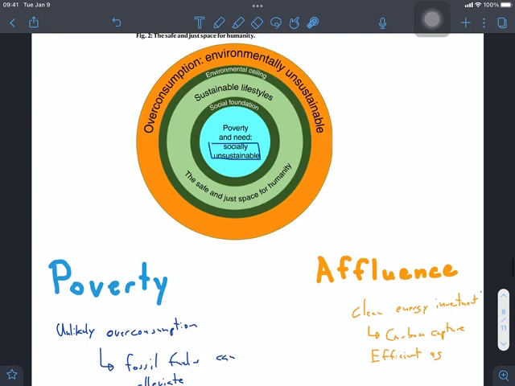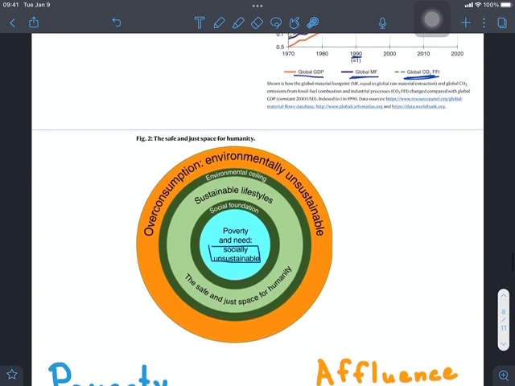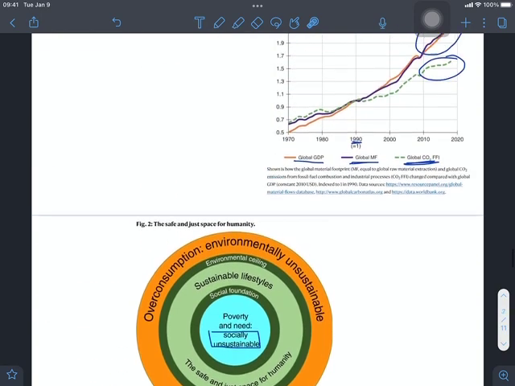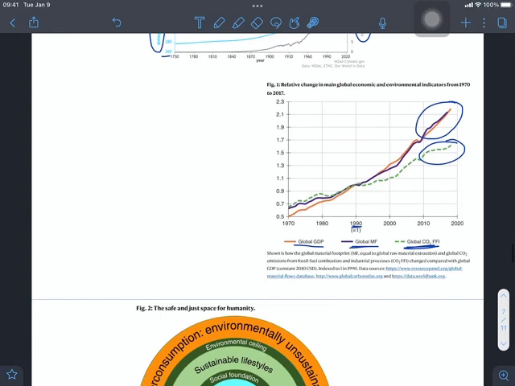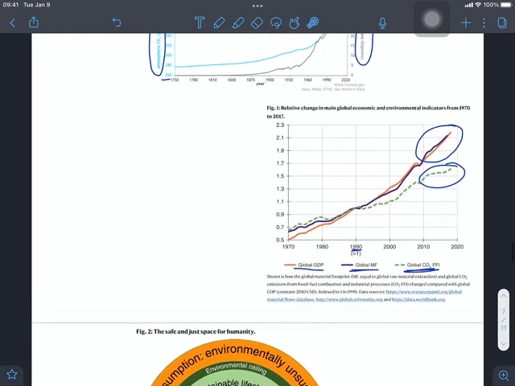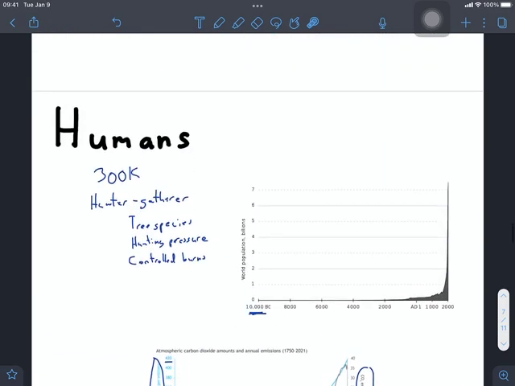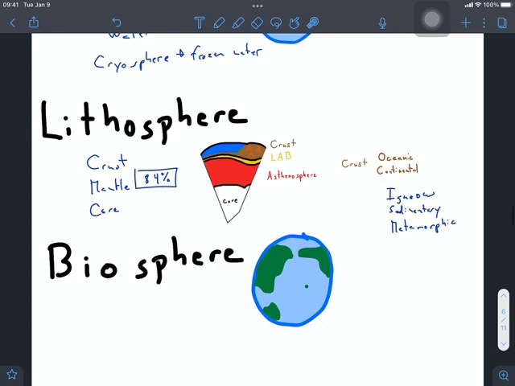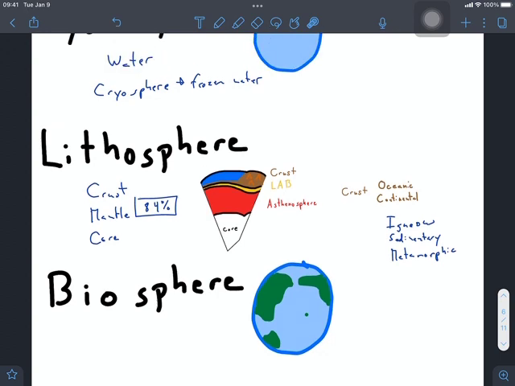We looked over the dangers of both poverty and affluence, and how we can better decouple human affluence from our material footprint and our carbon emissions. We've discussed the different spheres that help us study our ecology and get a better understanding of our material footprint and carbon emissions.